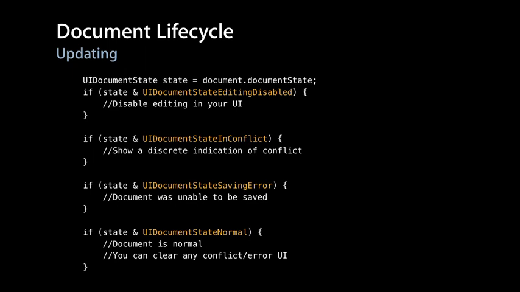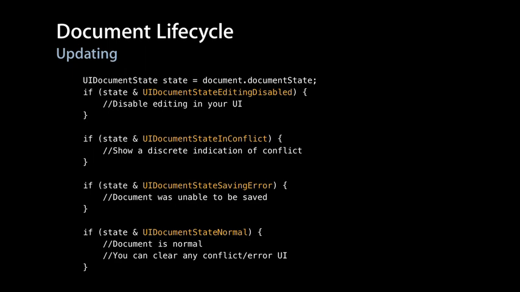Let's talk about a few of them. The first is UIDocument state editing disabled. This state typically happens whenever you've got a change that's coming in from the server. For a very brief period of time, your application needs to stop the user from editing that document while the two versions of the documents are compared.